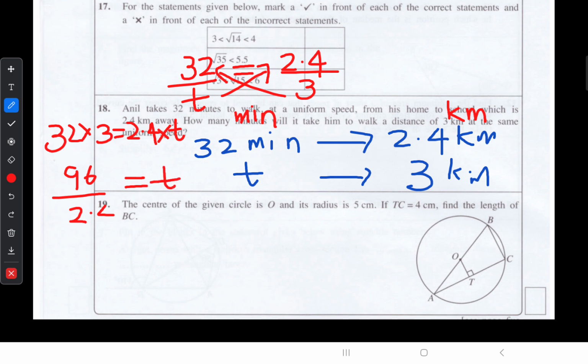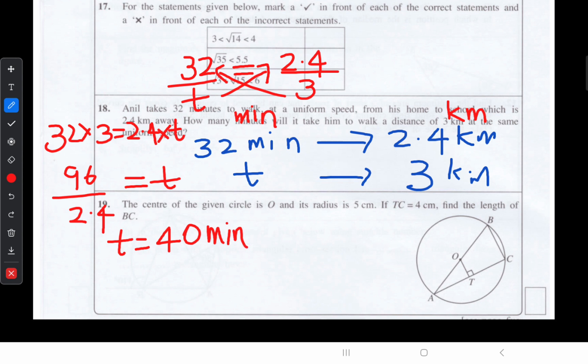We just cross multiply the values by using the ratio method. So 96 divided by 2.4, our t equals 40. T should be equal to 40 minutes.